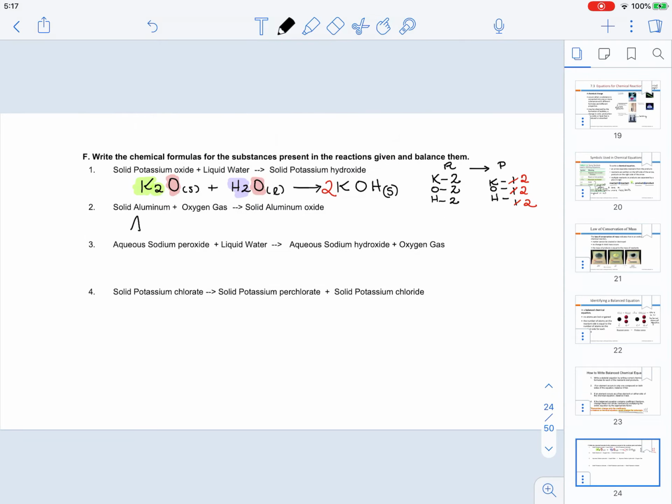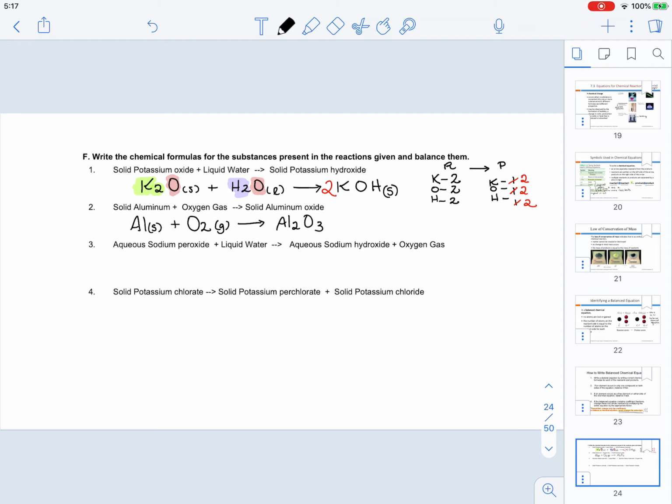We have aluminum in solid form. We have oxygen gas, which refers to molecular oxygen. Remember that oxygen is diatomic, so this is O2. That is going to form aluminum oxide, and aluminum oxide is going to be Al2O3.